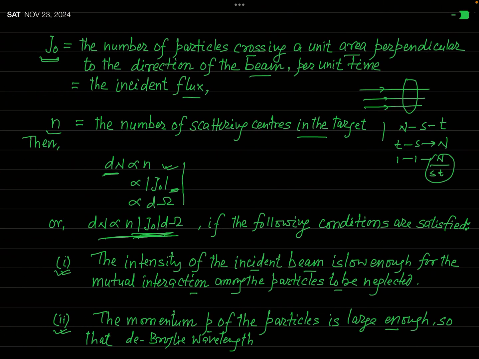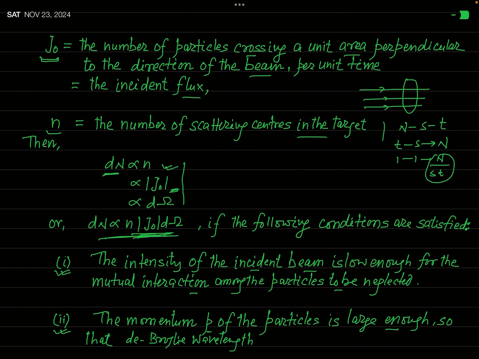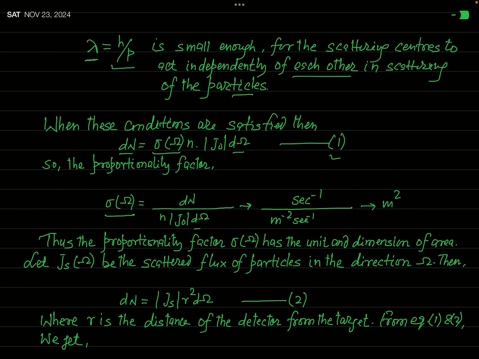See the meaning of dn. dn is the number of particles received by the detector per unit time. So its unit will be 1 over second, that is second inverse. N is simply the total number of scattering centers. So this is a number, dimensionless and unitless. So n has no unit.